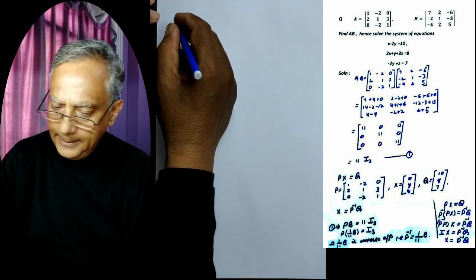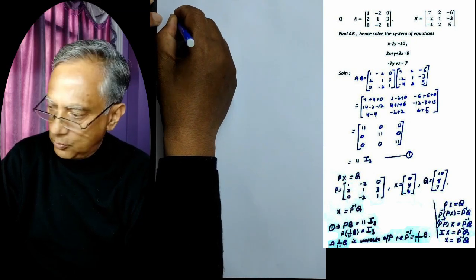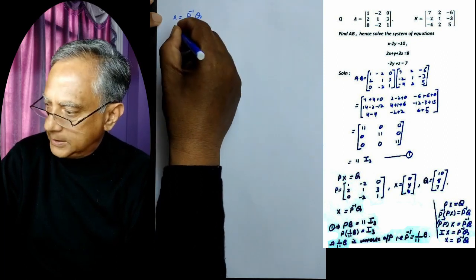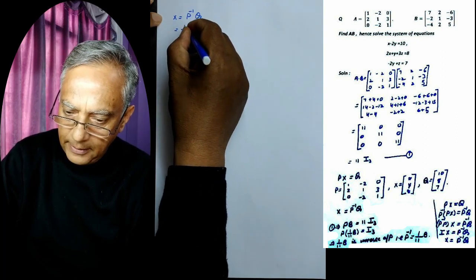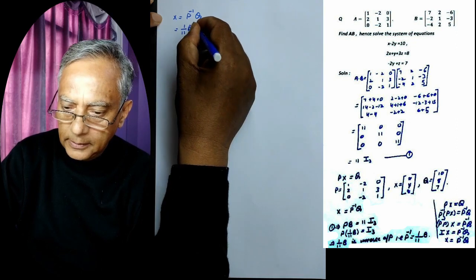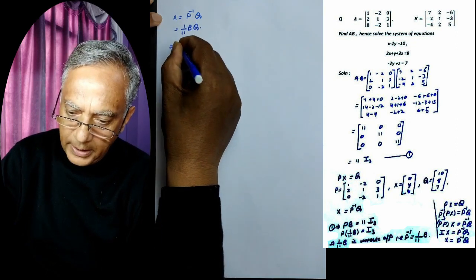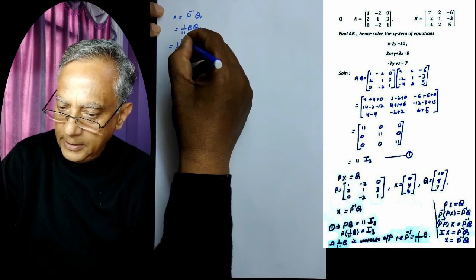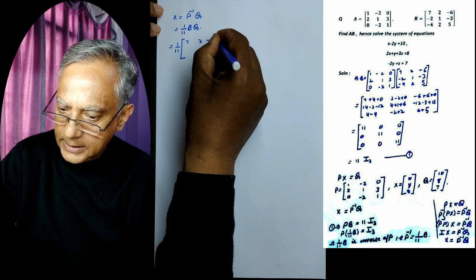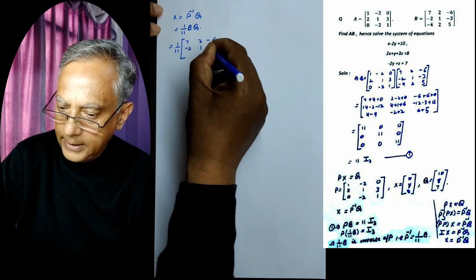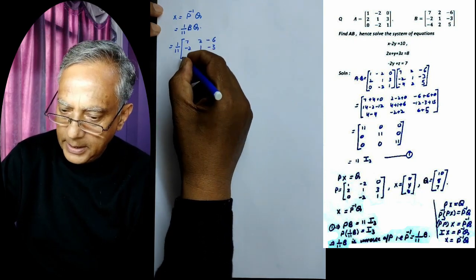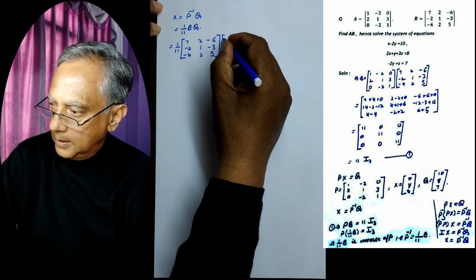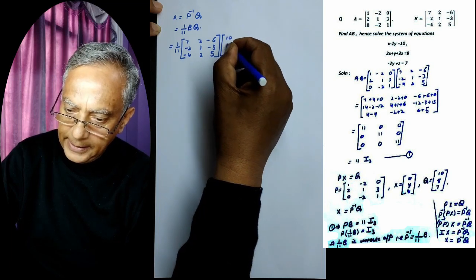So what we get is, from 2, X is equal to P inverse Q. But P inverse is 1 by 11 B and Q. So this is equal to 1 by 11 into B. How much is B? B is 7, 2, minus 6; minus 2, 1, minus 3; minus 4, 2 and 5. And Q is 10, 8, 7.